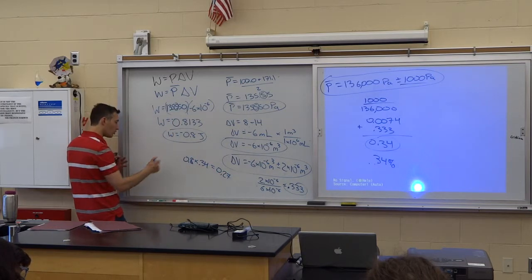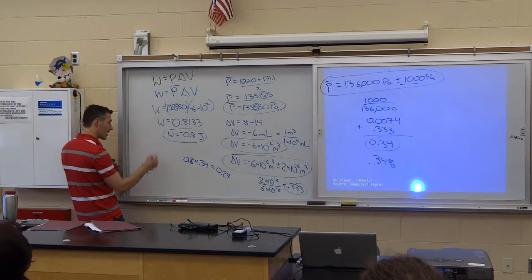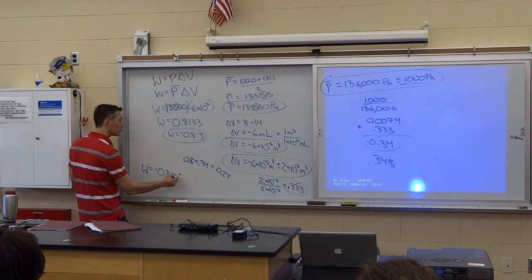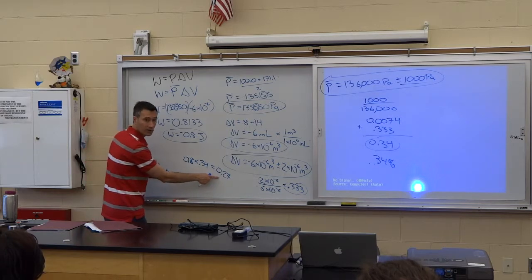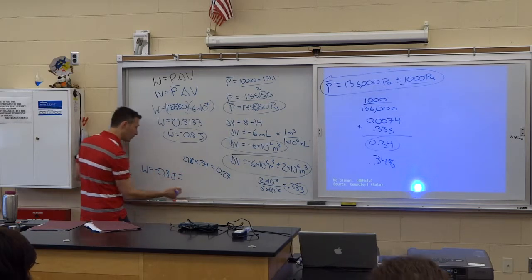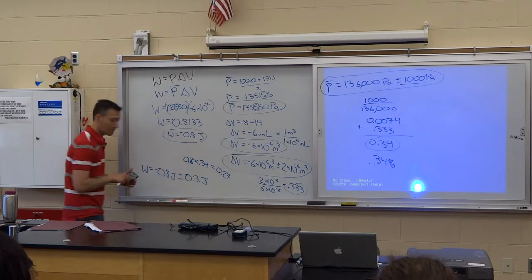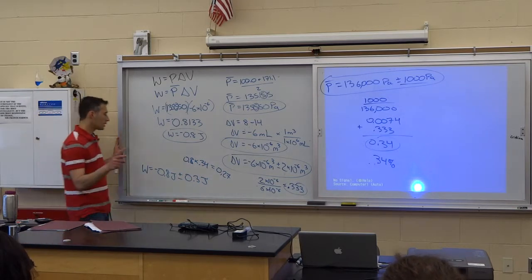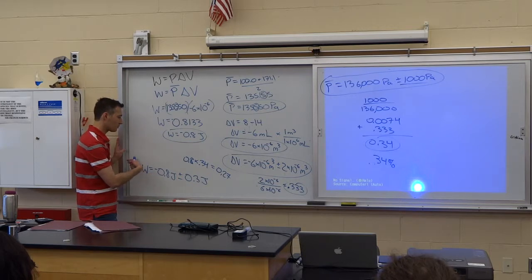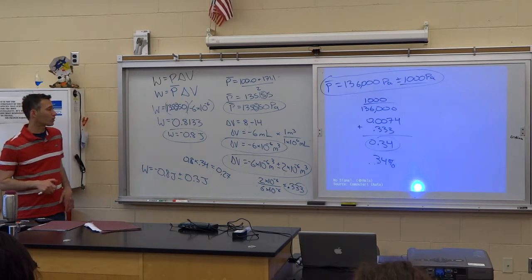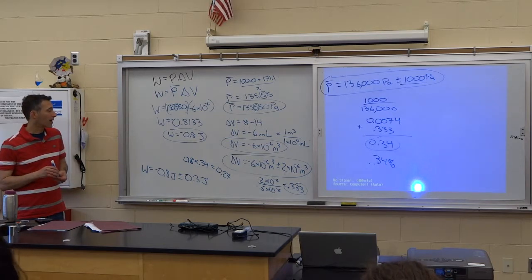So my final result for the calculated work is the negative 0.8 joules plus or minus, that has to get rounded to one significant digit, right? Uncertainty should only have one. So plus or minus 0.3 joules. So maybe we did as much as 1.1 joules of work, maybe we only did 0.5 joules of work based on the uncertainty in our values.